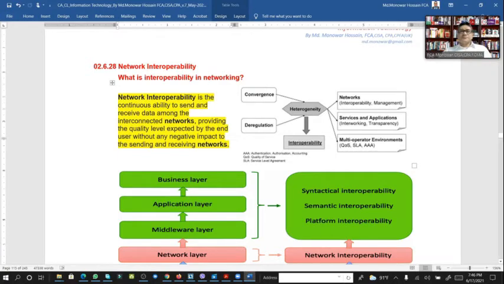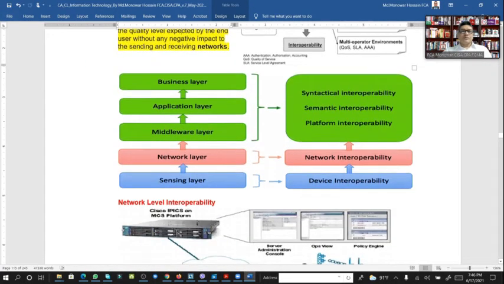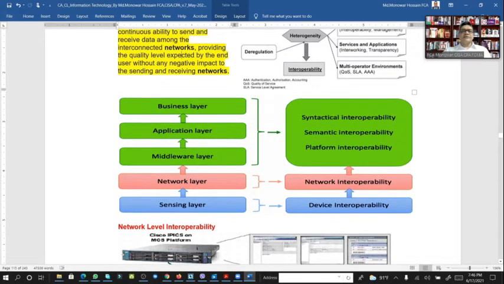So look here, within that interoperability layer there are the business layer, application layer, middleware layer, network layer, and sensing layer. The business layer performs syndicated interoperability, network interoperability works with the network layer, and the sensing layer handles device interoperability.